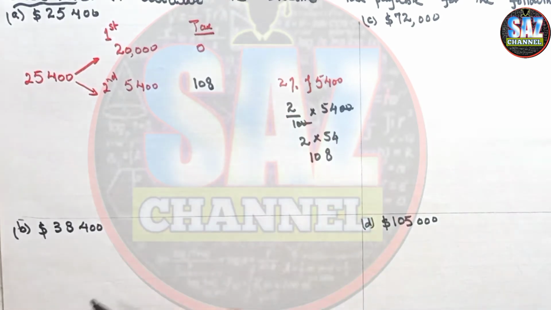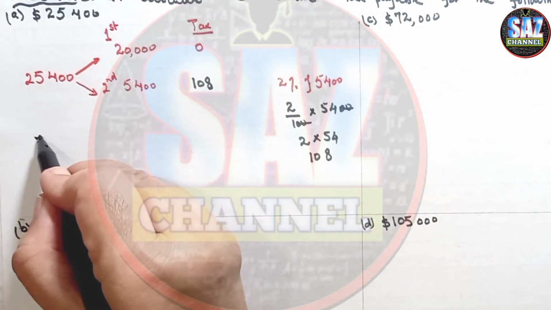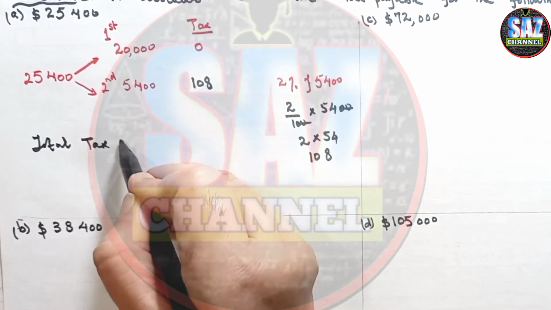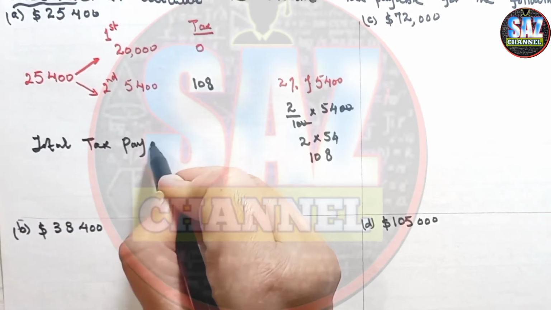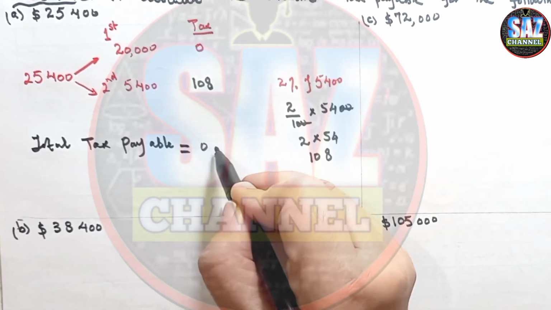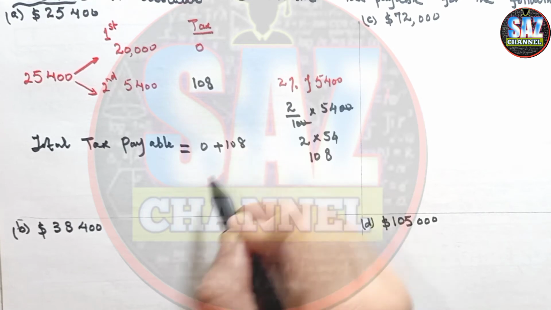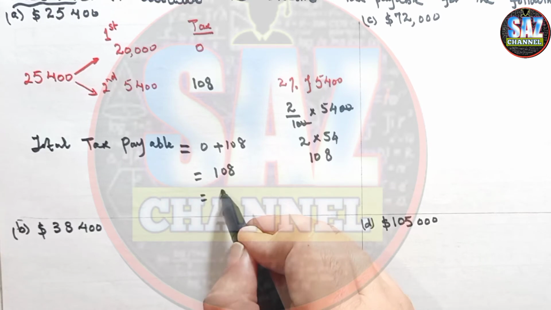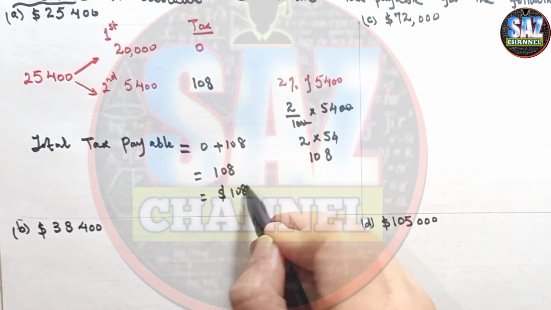So the total tax payable will be equal to 0 plus 108, which is 108. So the total tax payable is $108.